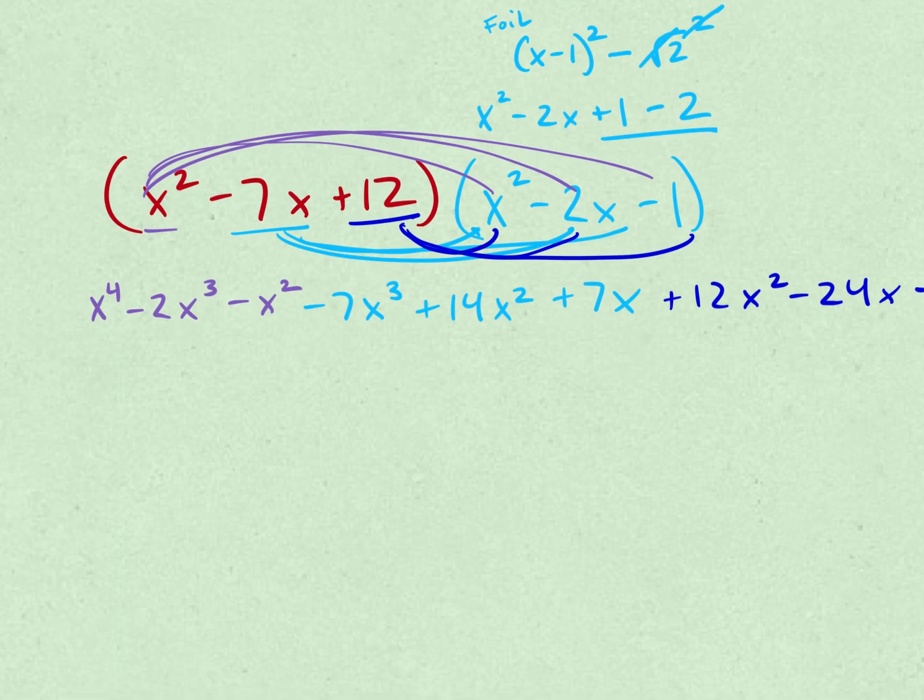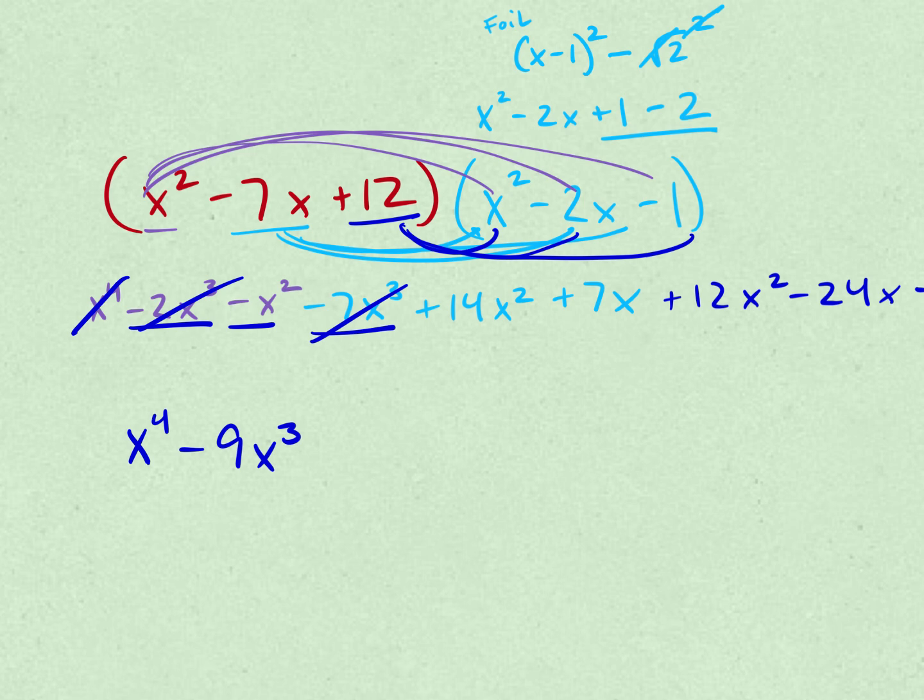From here, we combine our like terms. X to the 4th power. We've got minus 2x cubed minus 7x cubed. So that would be negative 9x cubed. Then negative x squared plus 14x squared plus 12x squared.